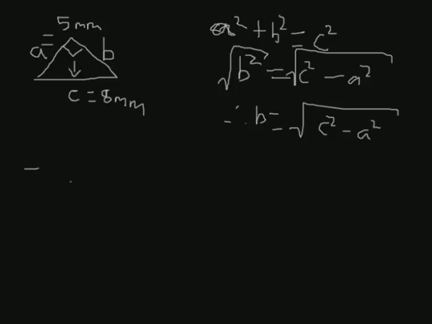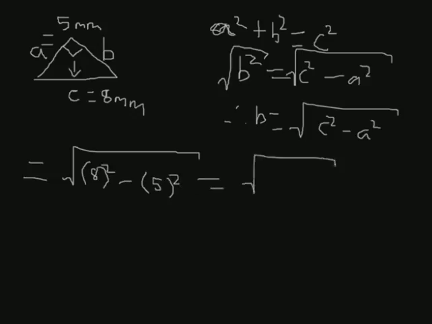Alright. So we just plug in the variables. B is equal to the square root of C squared, which is 8 squared, minus A squared, where A is 5, so 5 squared, which is equal to the square root of 64 minus 25, which is equal to the square root of, what's that, 39?